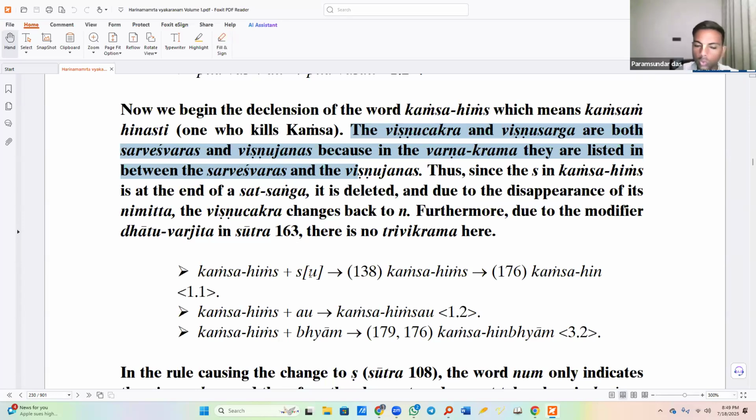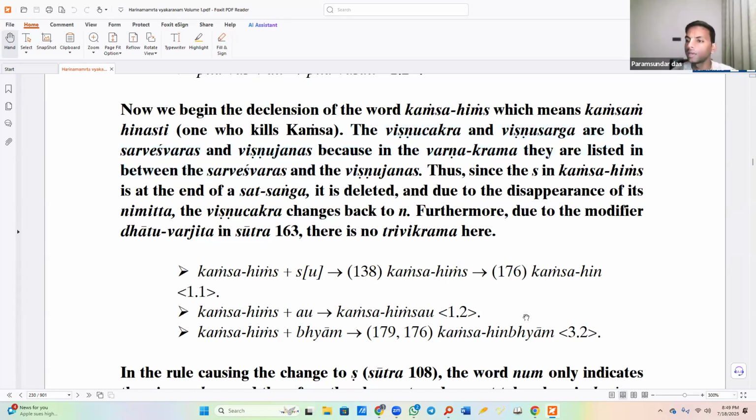Now, Kansa hins plus Su is deleted. Now we had a rule, if you remember. Satsangantasya haro Vishnu padante. Satsangantasya haro Vishnu padante. If at the end of Vishnu pada there is a Satsanga, then the last letter of the Satsanga would be deleted. Now, first of all, Jiva Goswami has mentioned that Vishnu Chakra is also considered a Vishnu Jana.